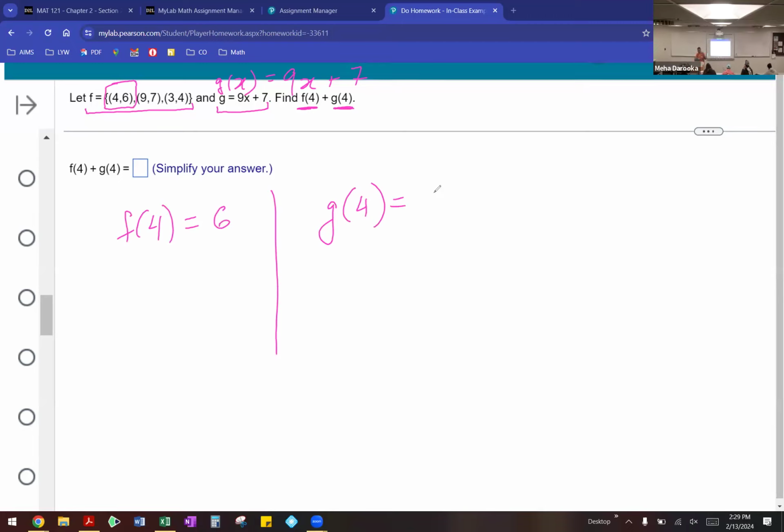So what are we writing in? Perfect. In this equation, you're basically replacing your x value with 4, and then we simplify. So 9 times 4 plus 7 will give us what?